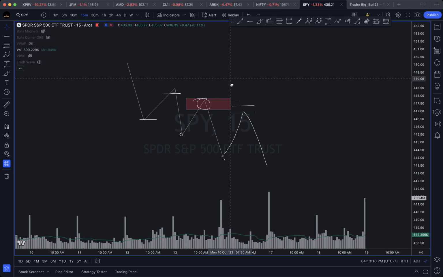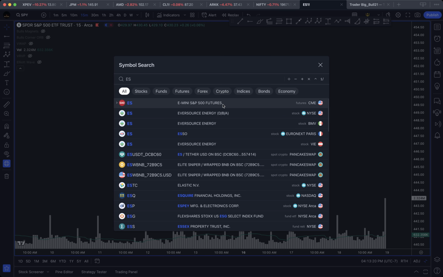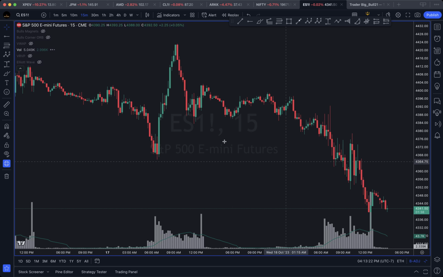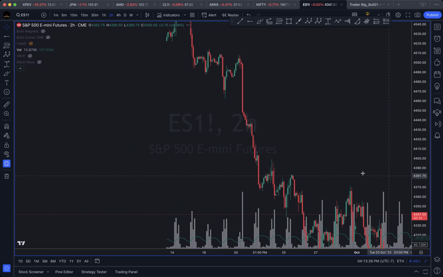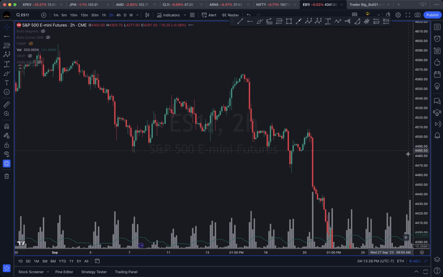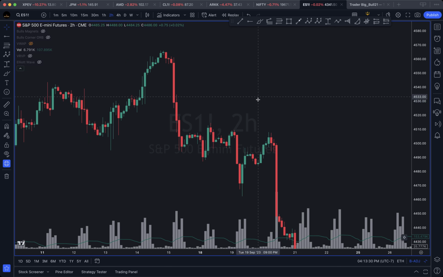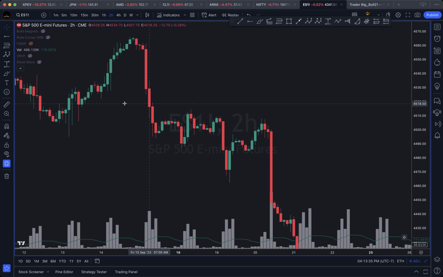I can show you examples on this one too. Let's go to ES, 2 hours. This one, guys, is a really good example in just one frame: price made a low here, made a high, and then made a low here.